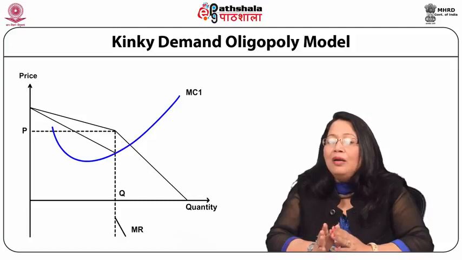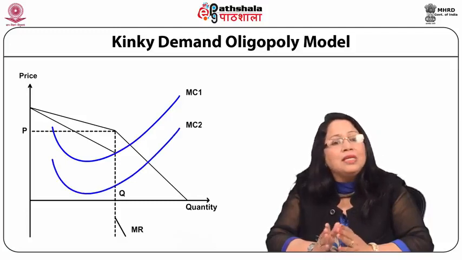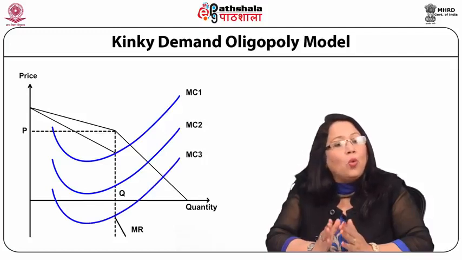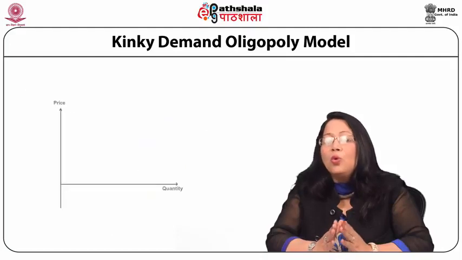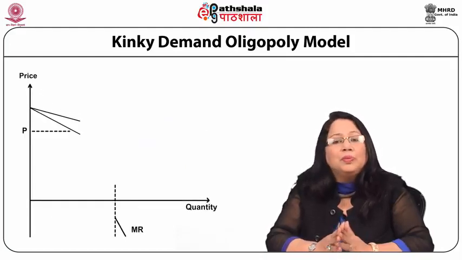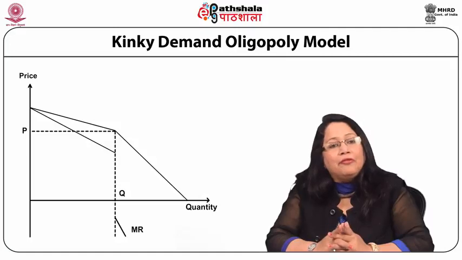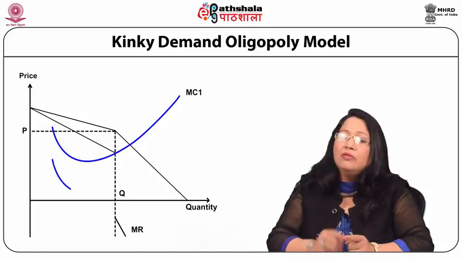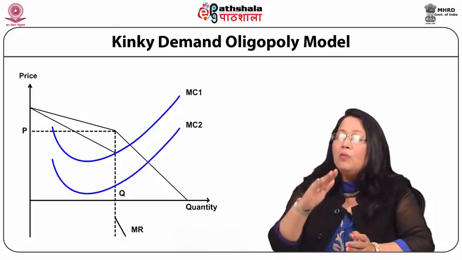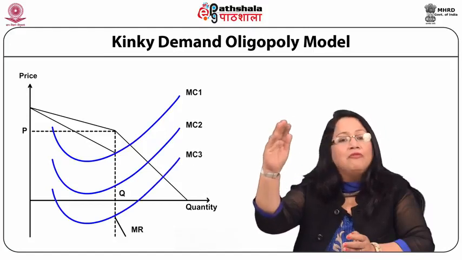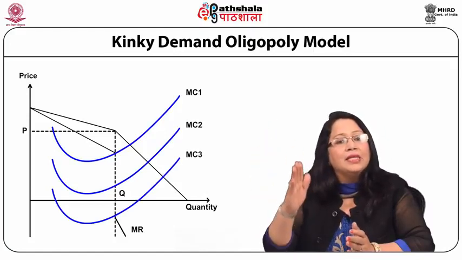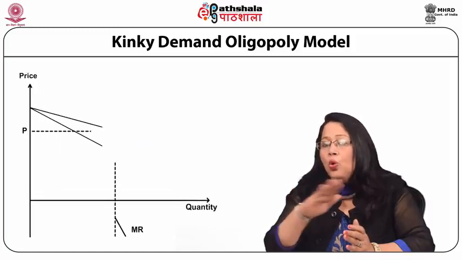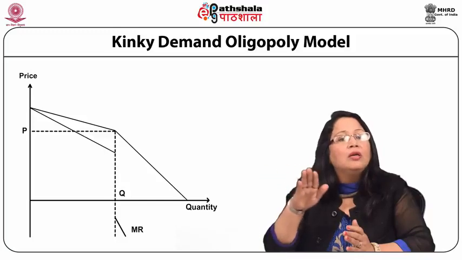Accordingly, MR has a gap. MC equalizes MR in the gap, determining OP price and OQ output to be sold. If, due to an increase in cost, the marginal cost curve shifts upward from MC2 to MC1, it again intersects MR within the gap, resulting in no change in price or quantity.